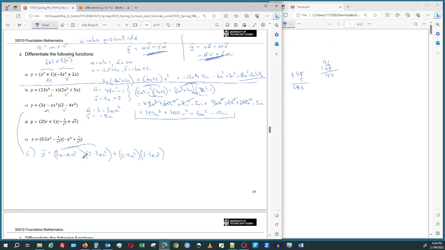A lot of expansions though, again. So 3x times 3 is 9x. 3x times minus 3e to the x squared is minus 9e to the x cubed. The next one's minus 3e to the x cubed. And the last one's plus 3e to the x squared x5. So that's the last one there.